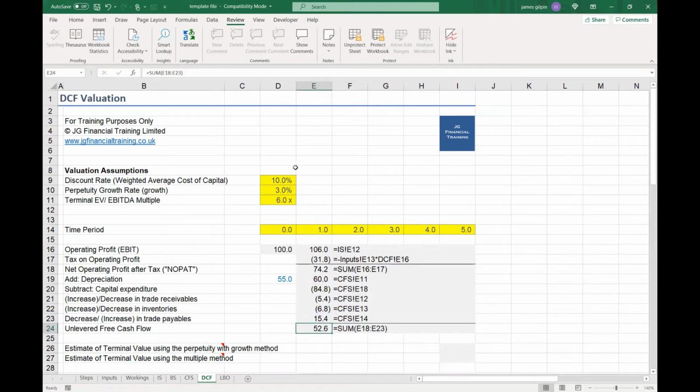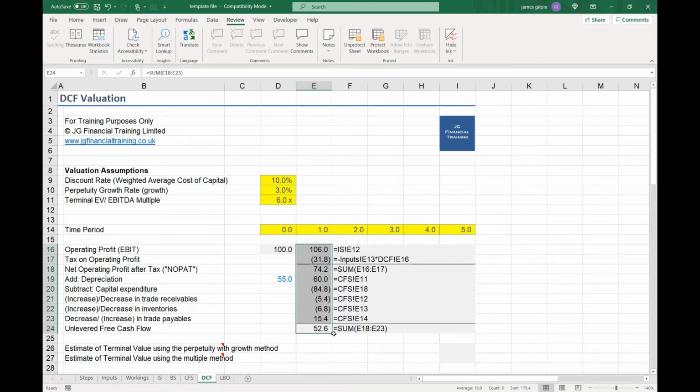So I'm saying my business would generate free cash flow from operating activities of 52.6, irrespective of how it's being financed. It could be financed with a mixture of equity or debt, or all equity. And we're not really worried about or thinking about how it's being financed at this stage.